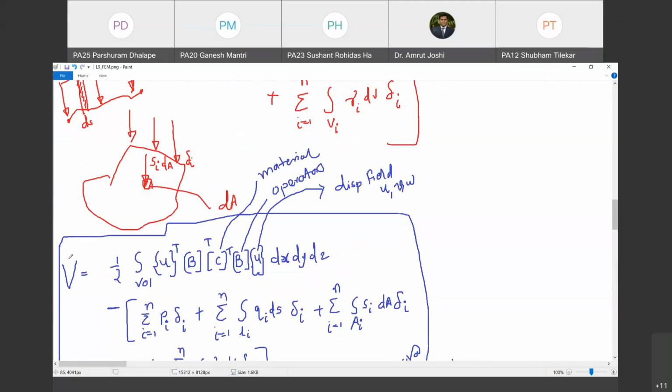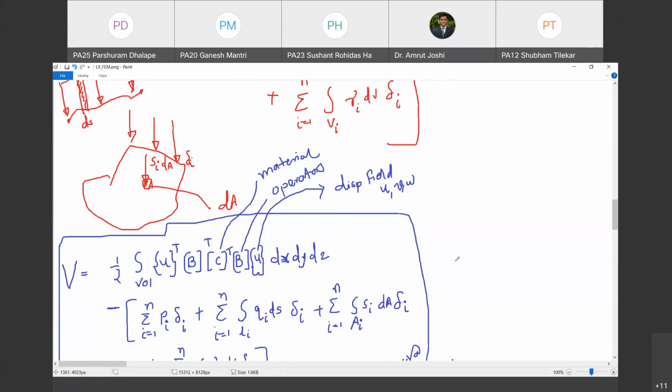Therefore, I will need to minimize this potential energy with reference to a finite number of nodal displacements. The problem that had infinite unknowns has now been converted into a finite number of unknowns. Therefore, the name finite element analysis.